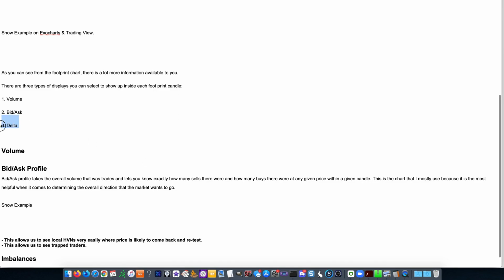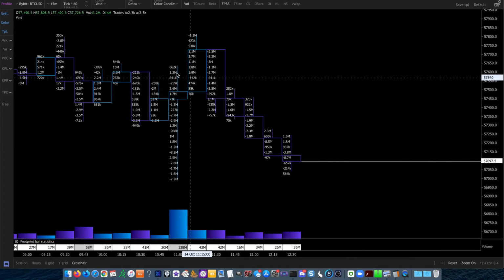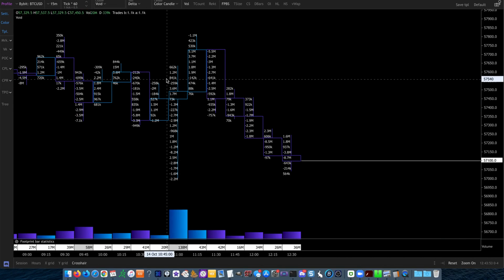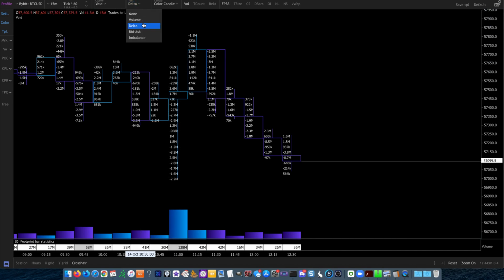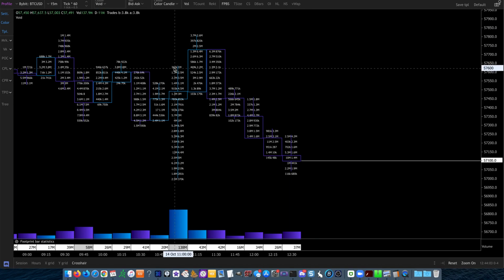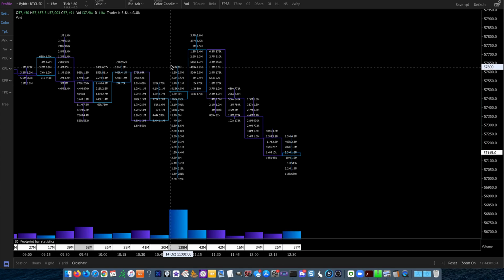We'll get more into delta in a future session, but delta is buys minus sells. If we go back to the bid-ask volume profile, we have 1 million buys and 300,000 sells.